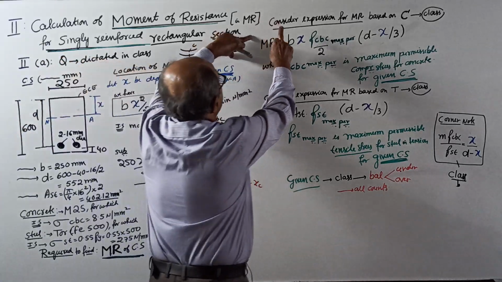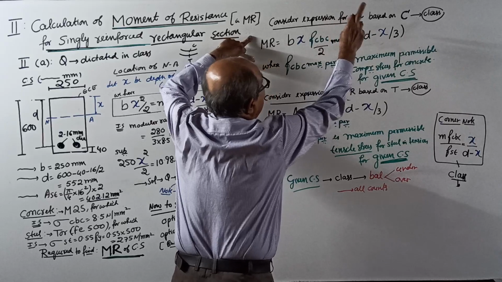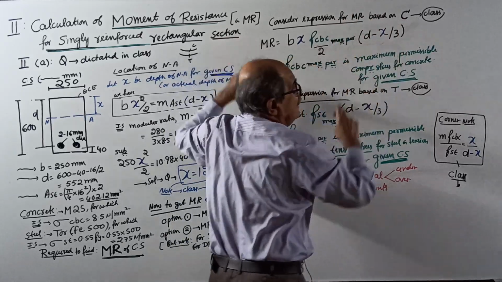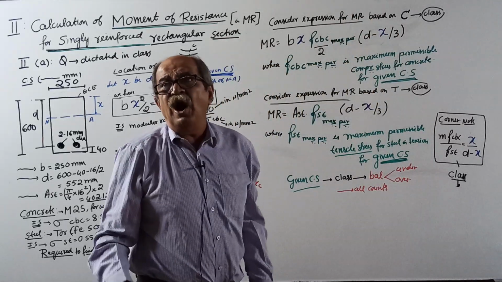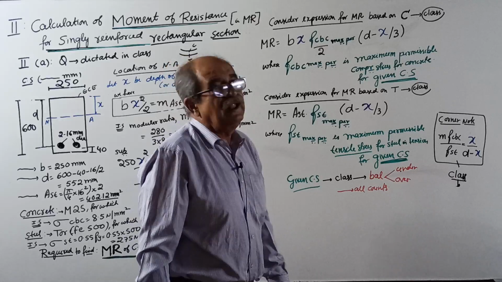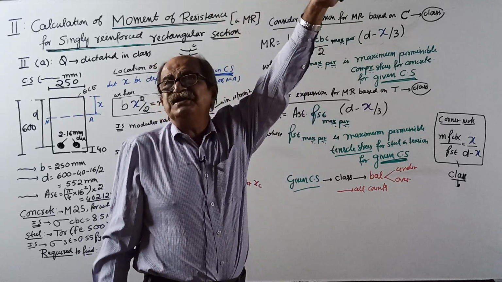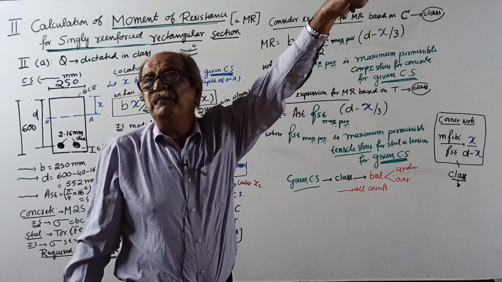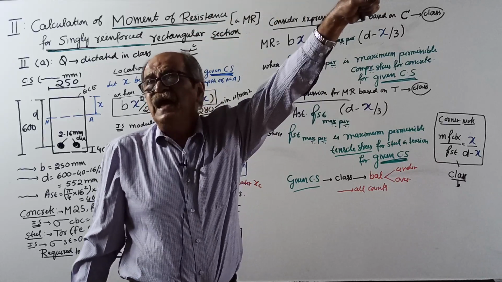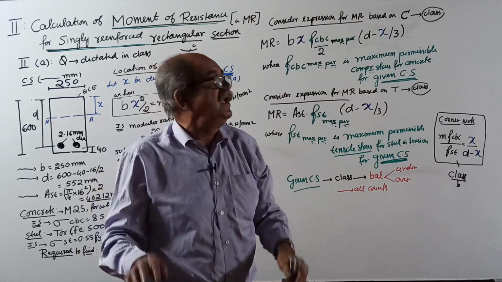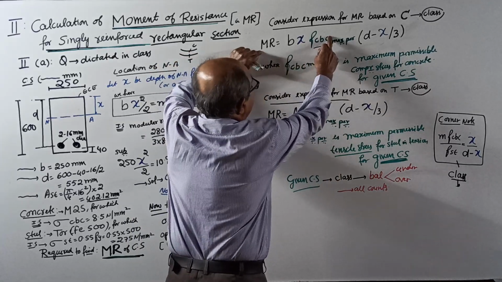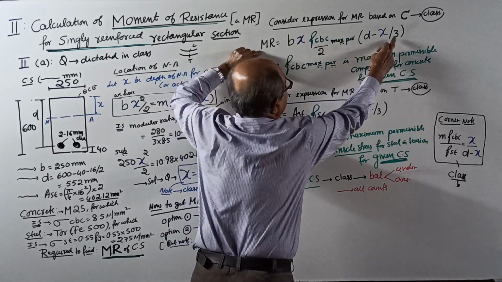See, now, consider the expression for MR based on compression. Based on compression means based on how much stress is allowed or permitted for concrete in the extreme compression edge. You should write it that way: B x FCBC by 2 into (D minus x by 3).